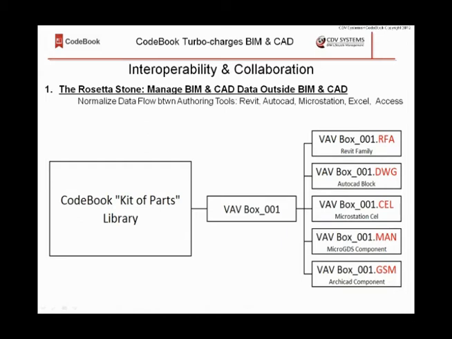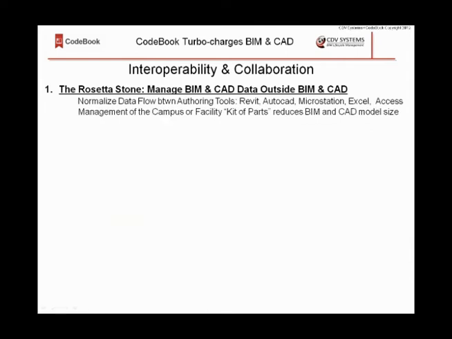Likewise, in the same project, there could be a DWG block representing that VAV box, or a MicroStation cell component, or a MicroGDS component, or an ArchiCAD component. Within the same library, that VAV box can recognize these various components in those various BIM and CAD platforms. So it's a dramatic way of managing a huge amount of data in a very concentrated format.